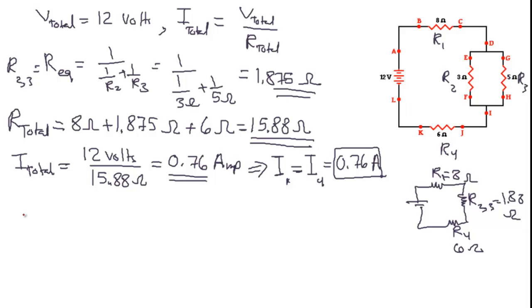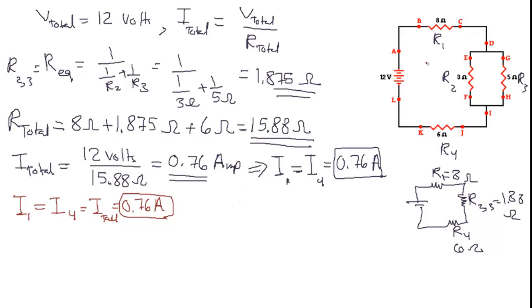Okay, so now how about the voltage? We were able to find the current I1 equal to I4 equal to I total, which is equal to 0.76 amps. Now how about the current through the 3 ohm and the 5 ohm resistor?